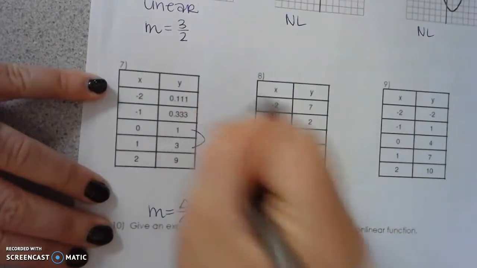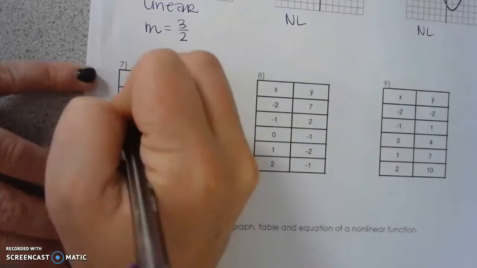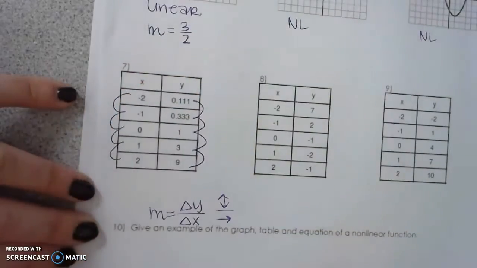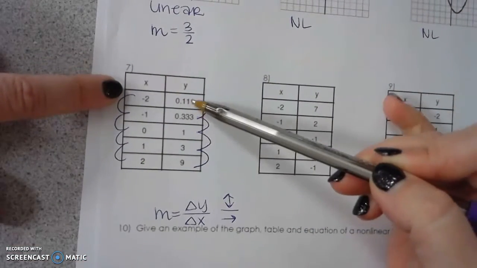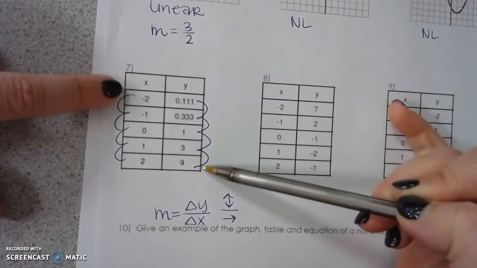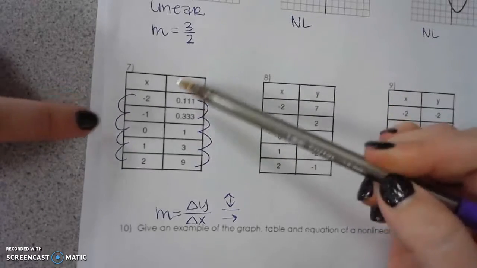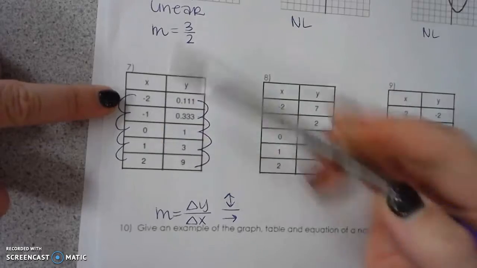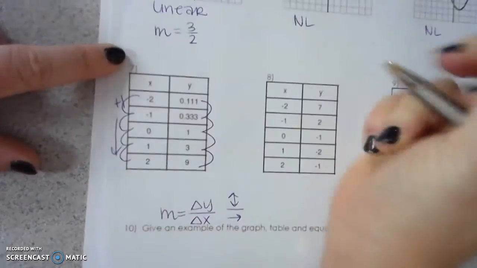So I'm actually going to, we got to do all of it, don't we? I'm going to look at this side first. Usually I would tell you to look at your change in y first, but just looking at those decimals, I'm going to pause on that for a second, because -2, -1, 0, 1, 2, I can see that it's going up 1 every single time.